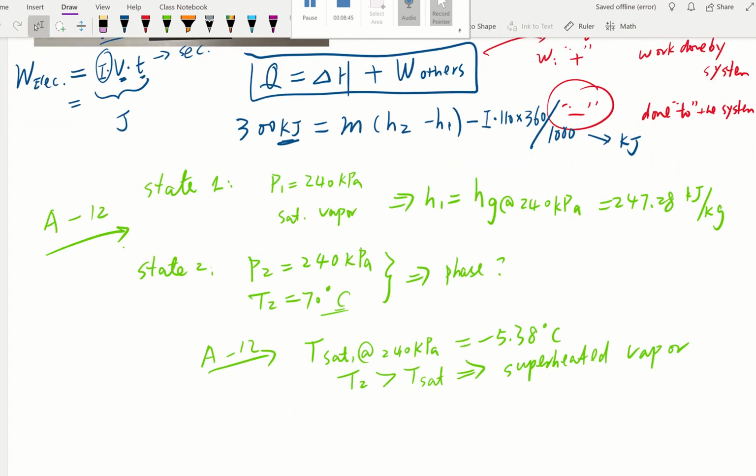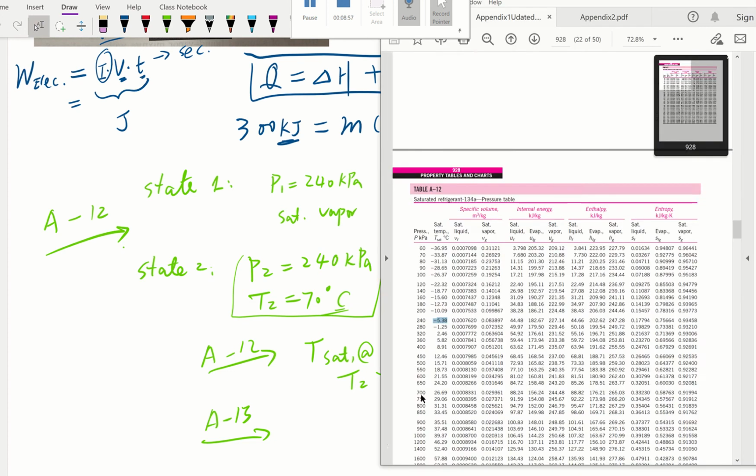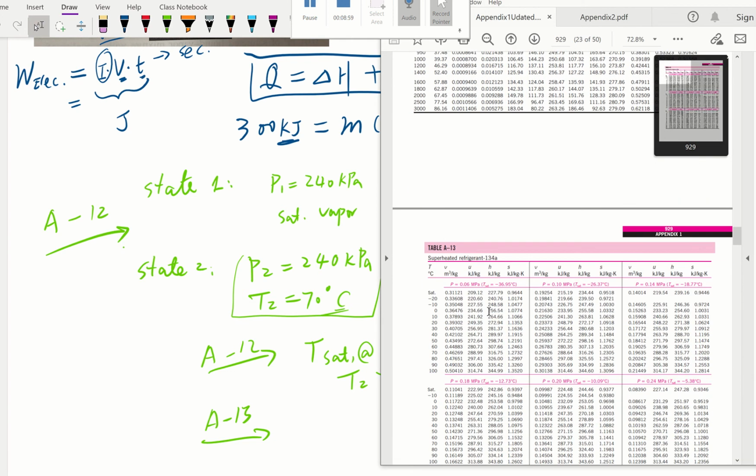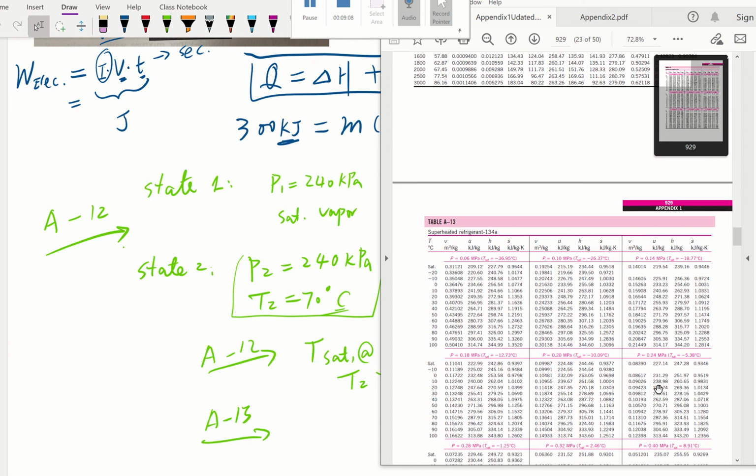So if it's a superheated vapor, we're going to go to the correct table, table A13, and look at this pressure and this temperature, 240 kilopascal and 70. So table A13, let's look at 240. 240 kilopascal, that's going to be 0.24 megapascal. We're so lucky, right?